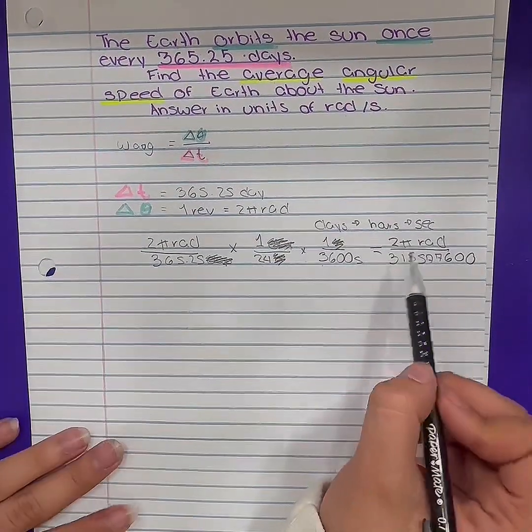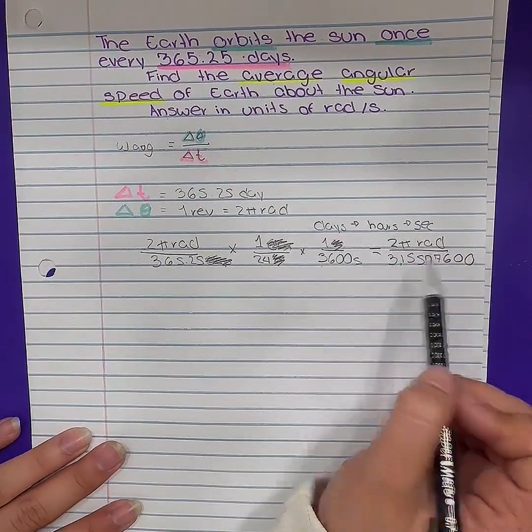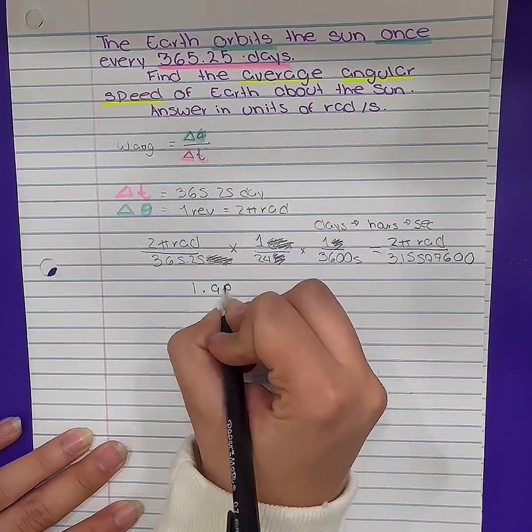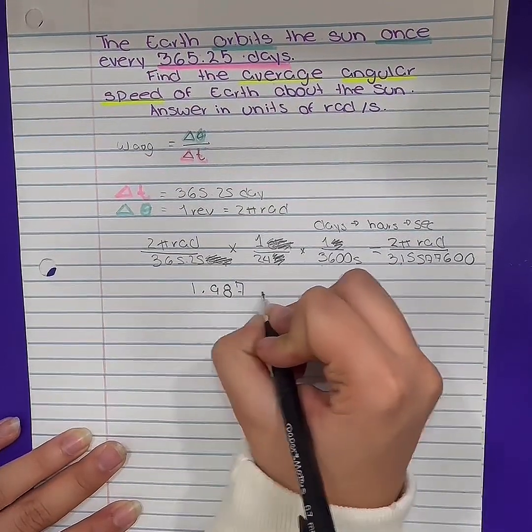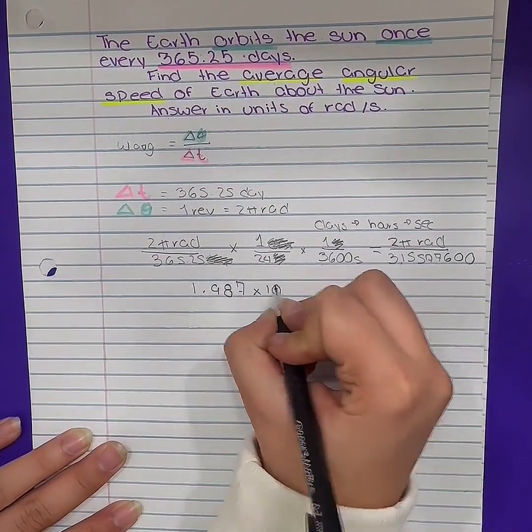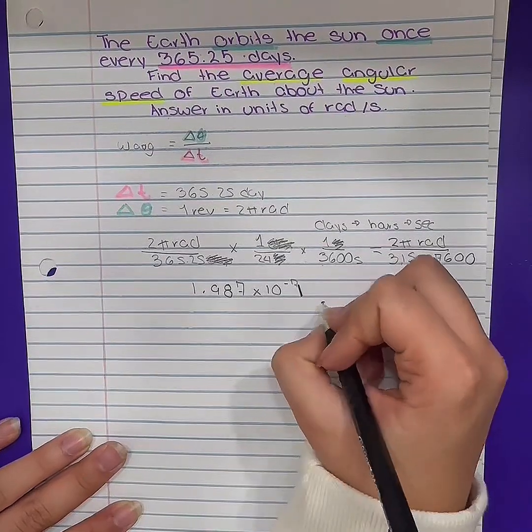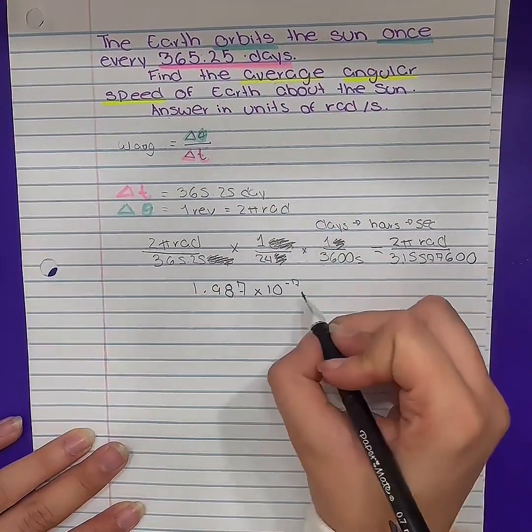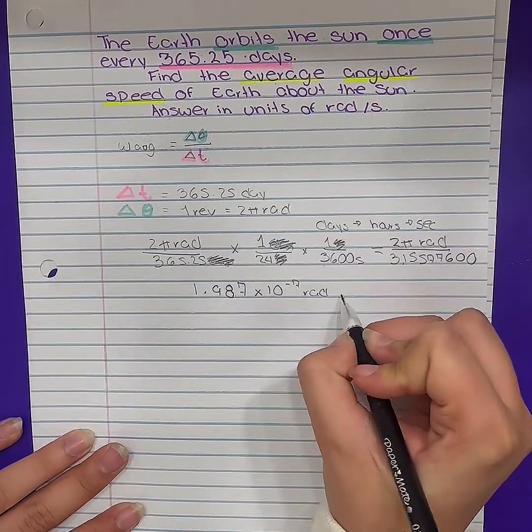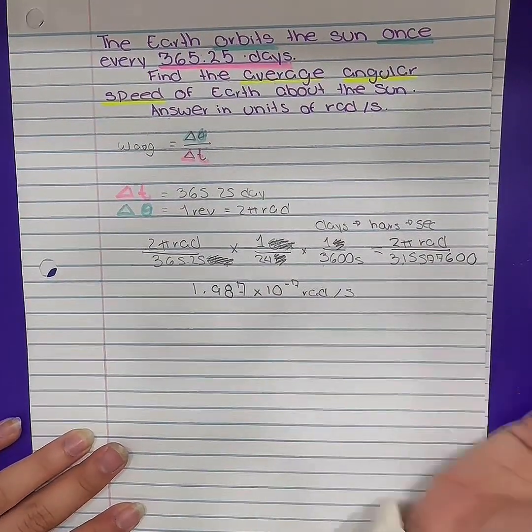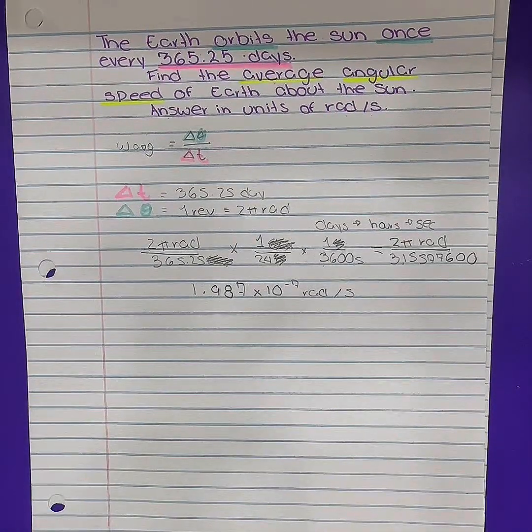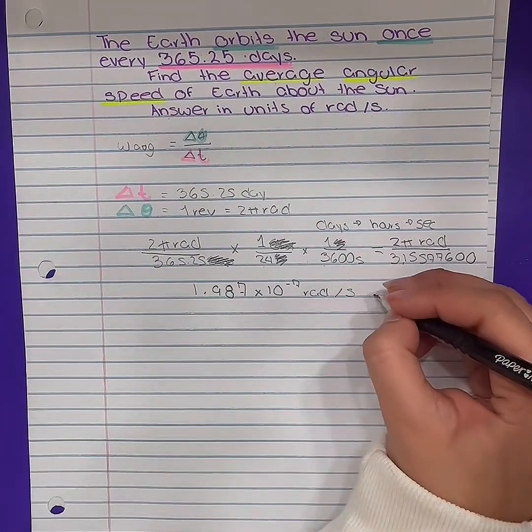Now, if we plug this into our calculator, we'll get the answer of 1.987 times 10 to the power of -7 radians per second. If you notice, it's the only 2 units we have left. And this is our answer.